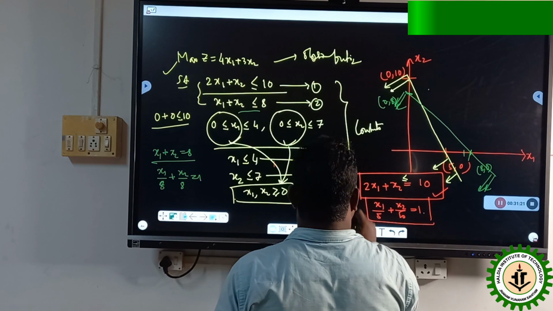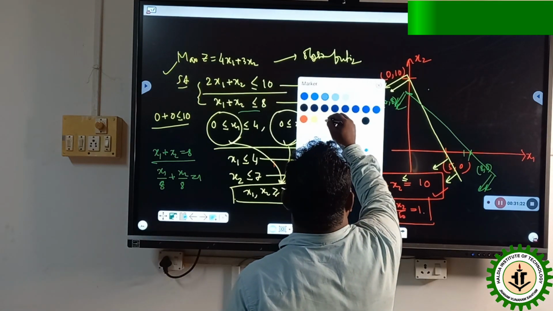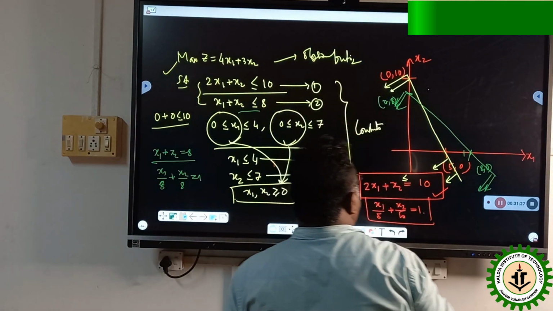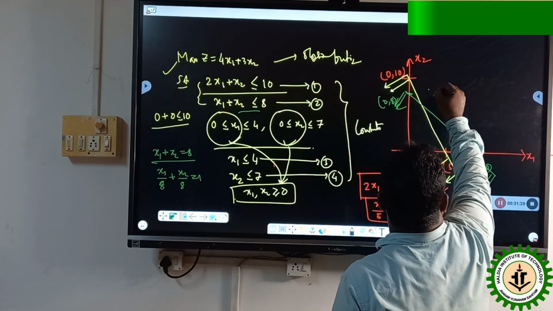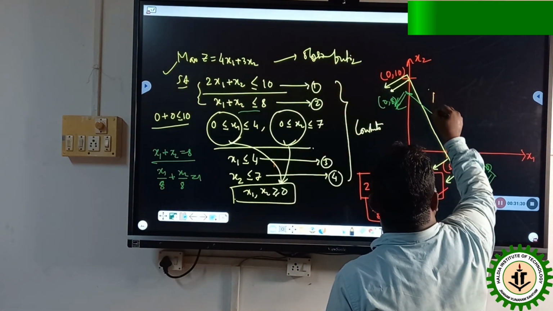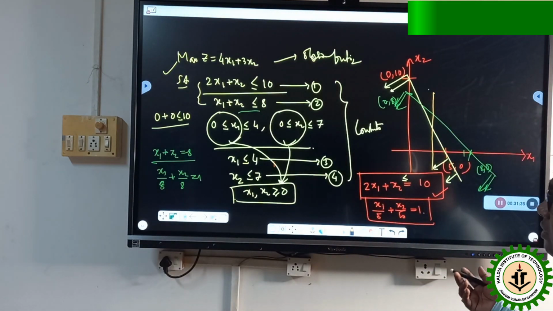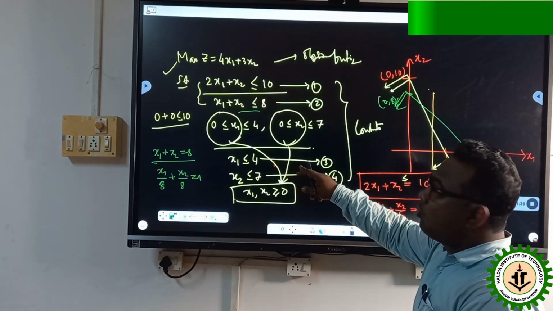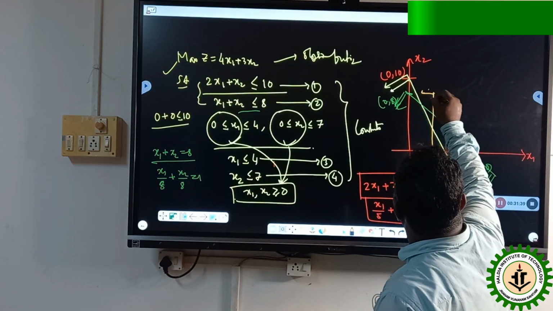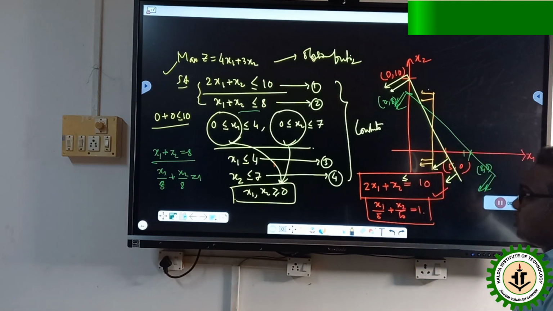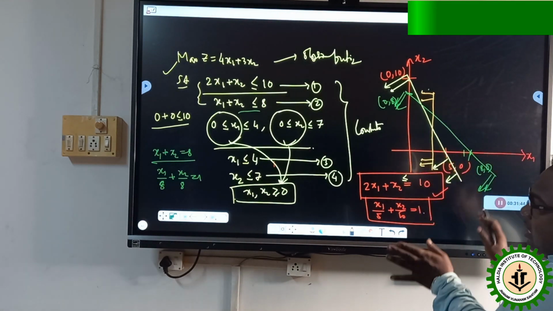I am going for another color so that we can draw this. What will be the region? Obviously 0 is less than or equal to 4, so the region will be towards the origin. So the common region is squeezed now.